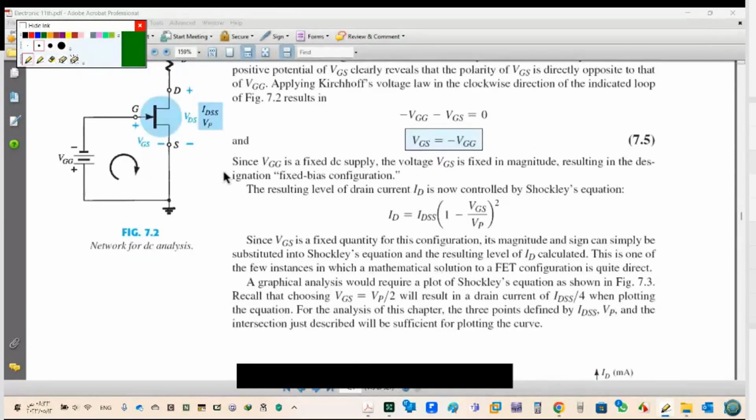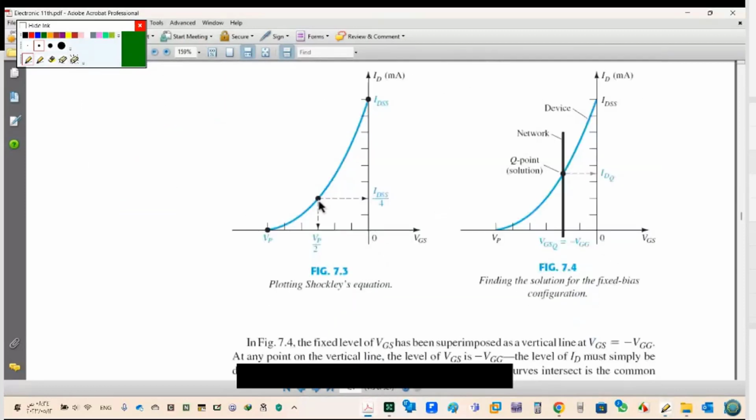After that, I want to find where the working point is. So VGS equals minus VGG, and here VGG is a constant number, 5 volt, 6 volt, 7 volt. So it's like this. From that transfer curve, we will find where VGS equals minus VGG.